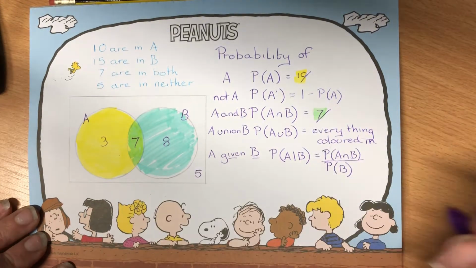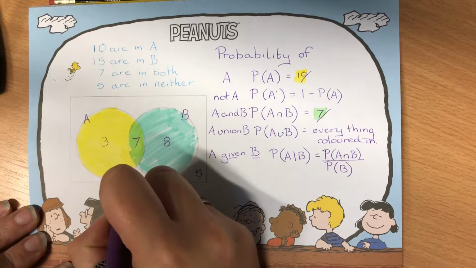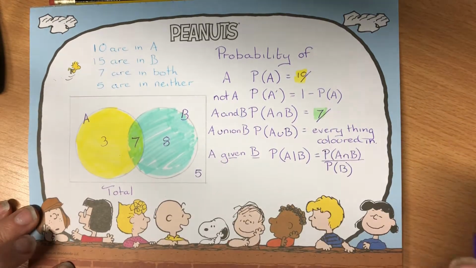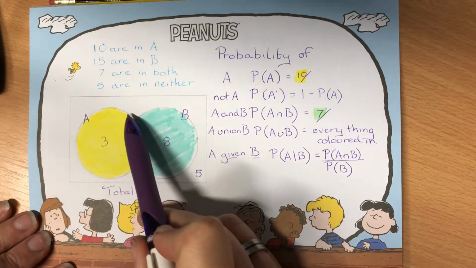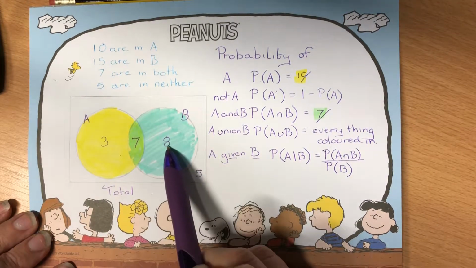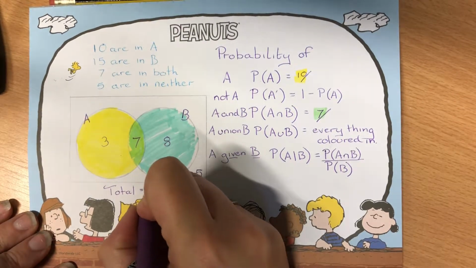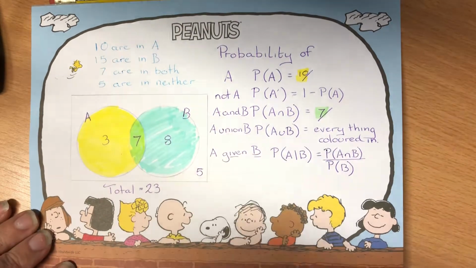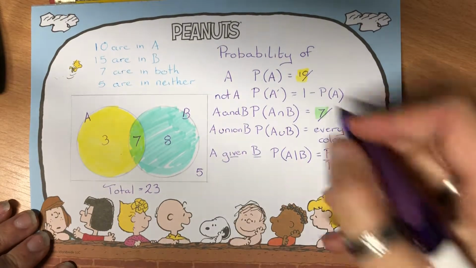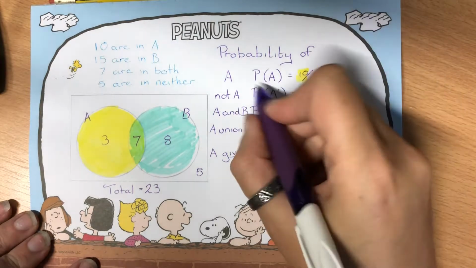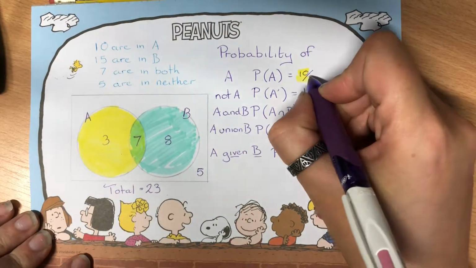So things that we are likely to want to know is the total. What we've ended up with is 10 in here, which is 18, and 23. Strangely convenient, that's a prime number, so we're not going to be able to cancel down later. So probability of A is in there, so that is 10 out of 23.